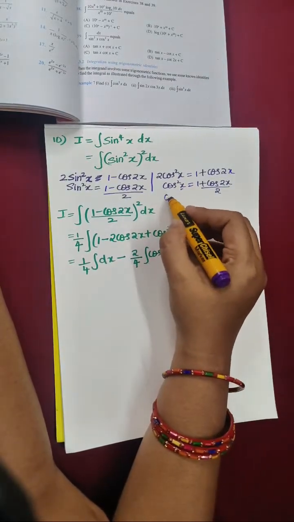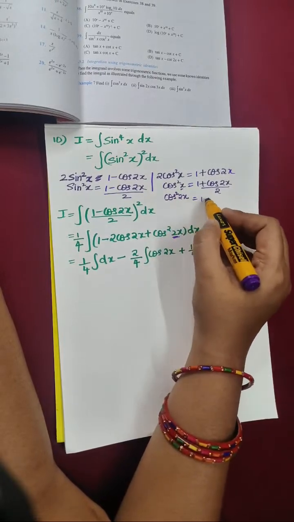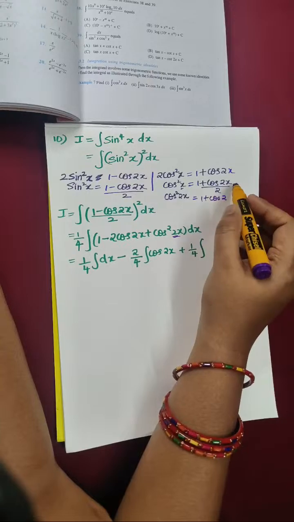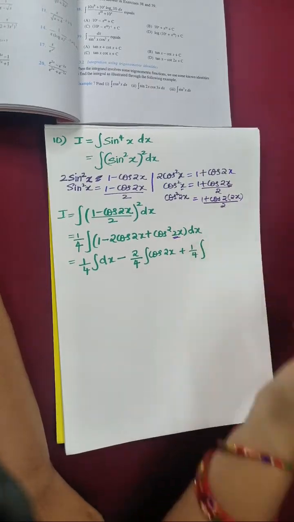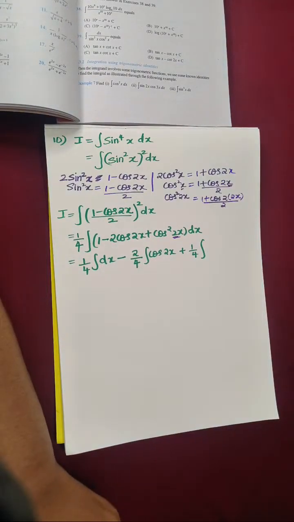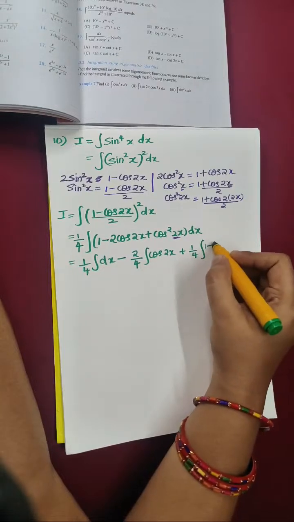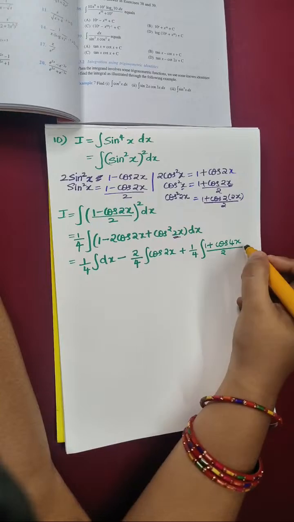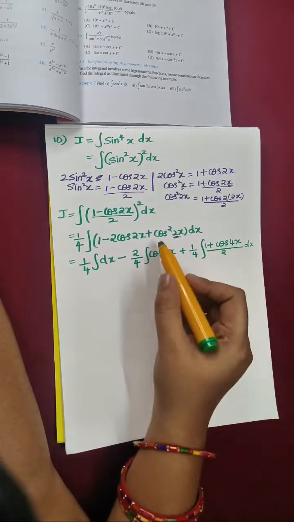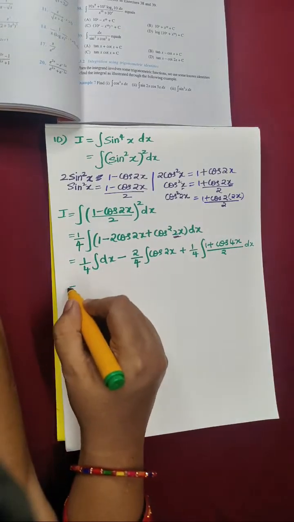So in place of x, we have 2x, so on the right side, in place of x, we have to replace it as 2x. So what we get? Instead of 1 plus cos 2x by 2, we get 1 plus cos 4x by 2, as we have cos square 2x. Is that clear? Now integrate.